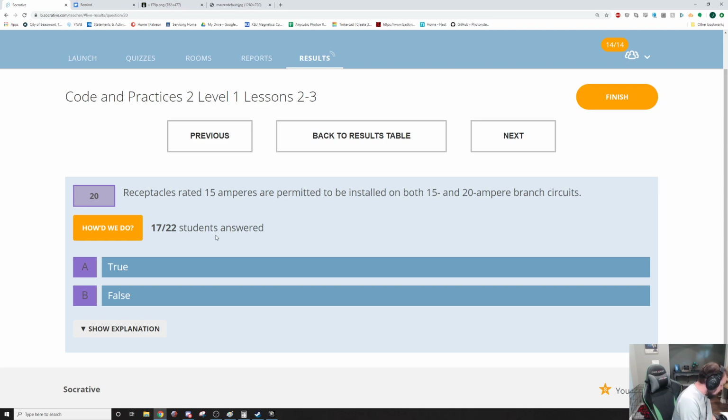Oh, here it is. Table 210.21(B)(3), receptacle ratings for various size circuits. So, circuit rating 15, not over 15 amp receptacle. A 20 amp circuit can have a 15 or 20 amp receptacle.